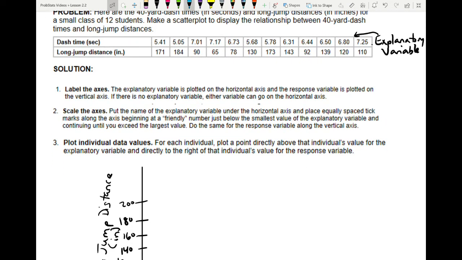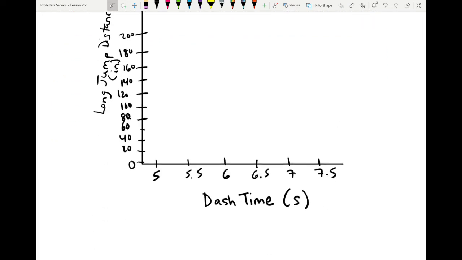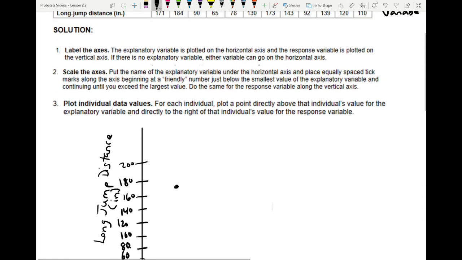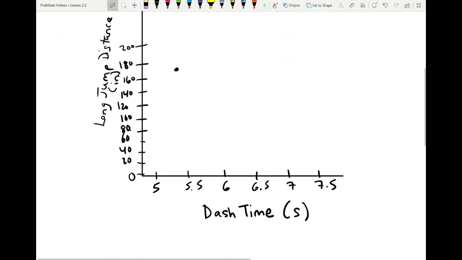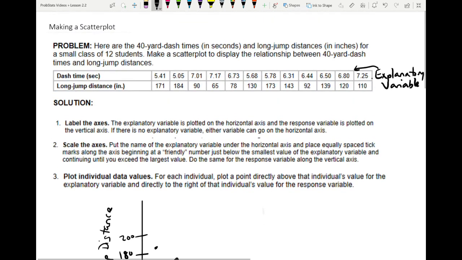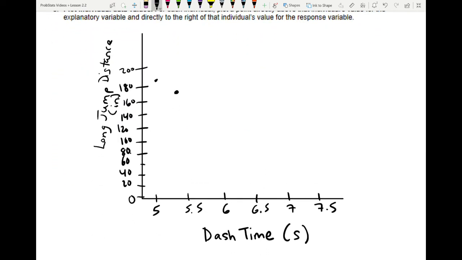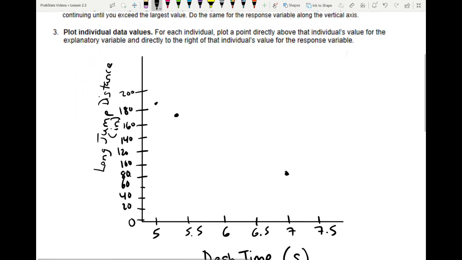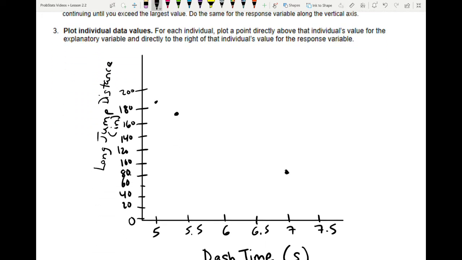So we have 5.41 and 171 inches, so that's around here. 5.05 and 184, so that's around there. 7.01 and 90. 7.17 and 65. And so on. We're going to continue plotting all of the points.